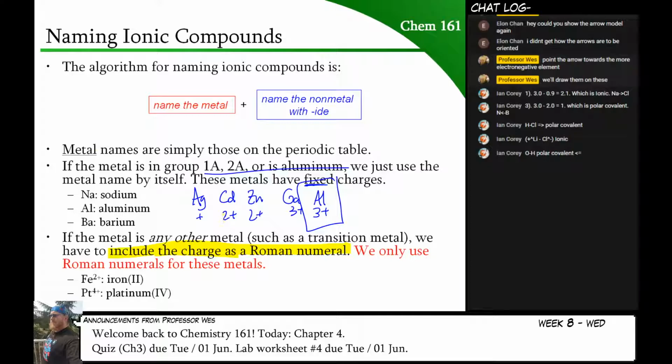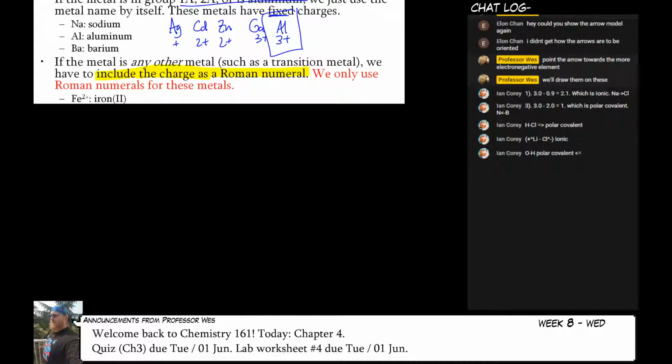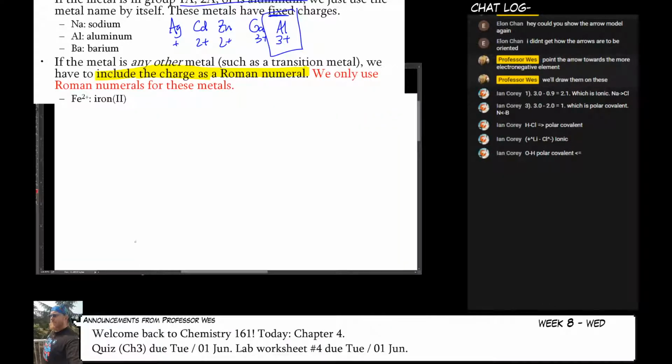So, for instance, if I was writing out some element names here, so here are just some random elements.